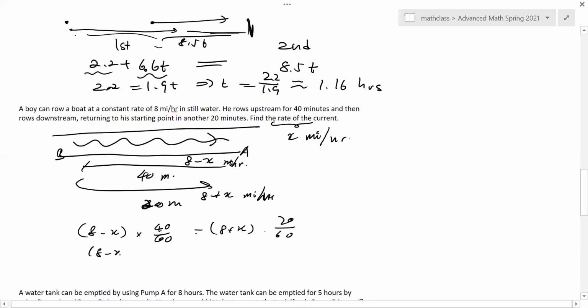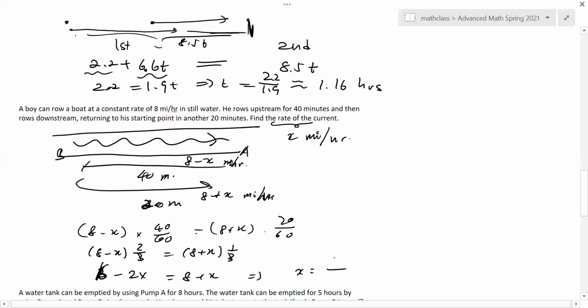This 8 minus x actually is 2 over 3, and 8 plus x is going to be 1 over 3. And actually we can even cancel 3 on both sides. So I get 2 times 8, 16, minus 2x equals 8 plus x. So x is going to be 8 over 3.